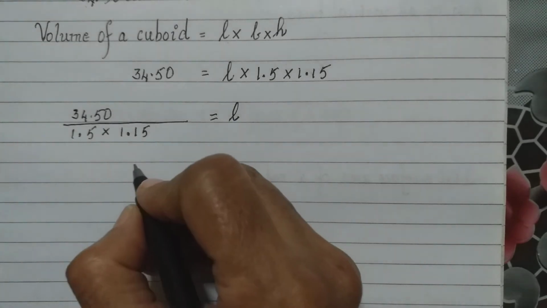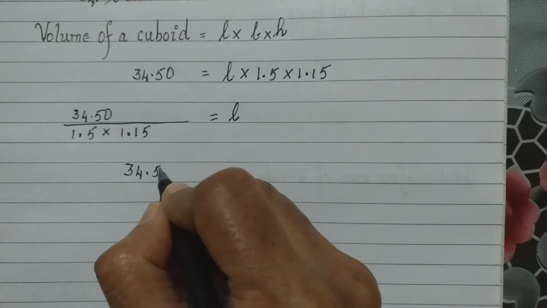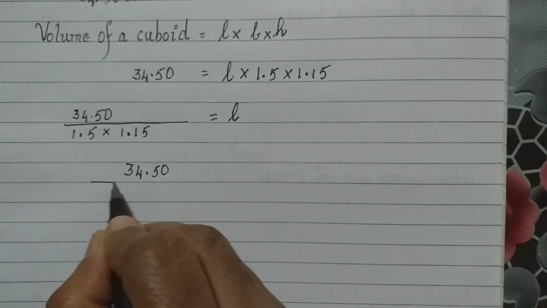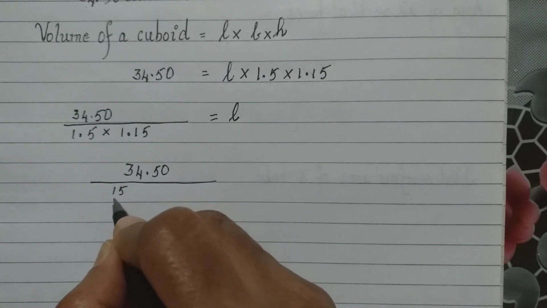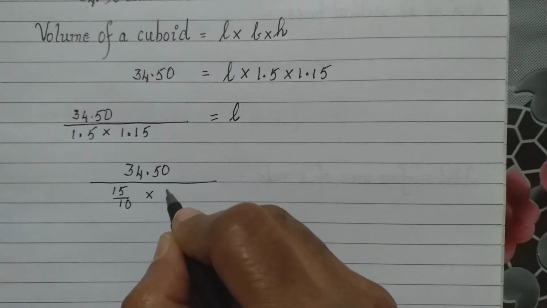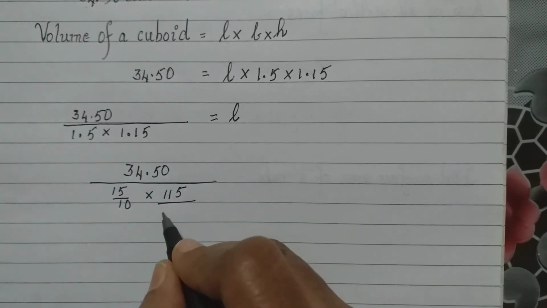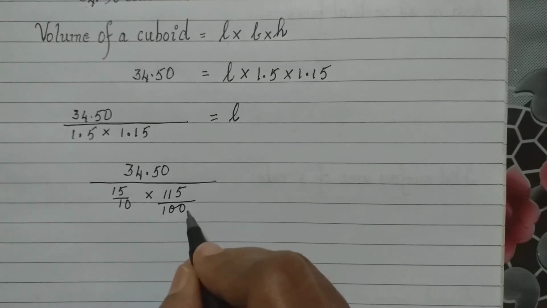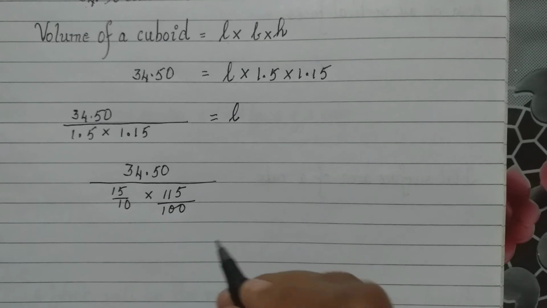Okay, so 34.50 upon here, this will be 15 upon 10 into 115 upon 100. Now these denominators 10 and 100 go back to the numerator.